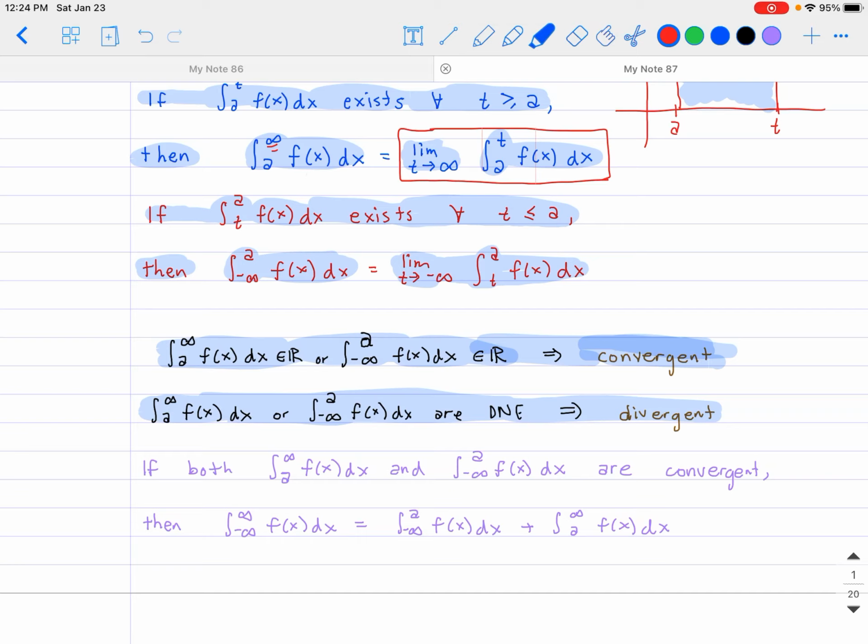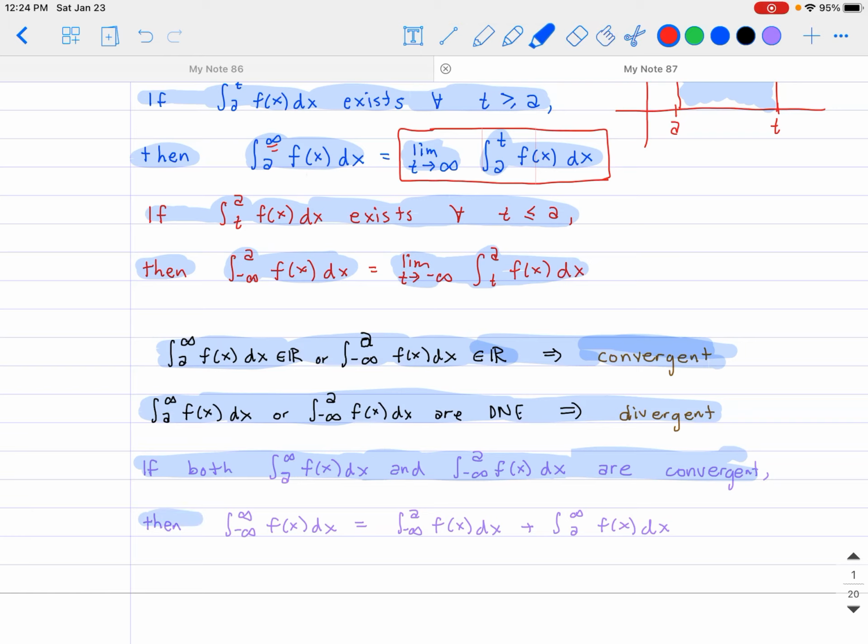And finally, for the last part, and this one is kind of important for some of the problems in the future. Let's say that both the area under the curve from a to infinity of f(x) dx and also from negative infinity to a of f(x) dx are convergent. So let's say that you can actually find some numerical value for the left and also for the right.